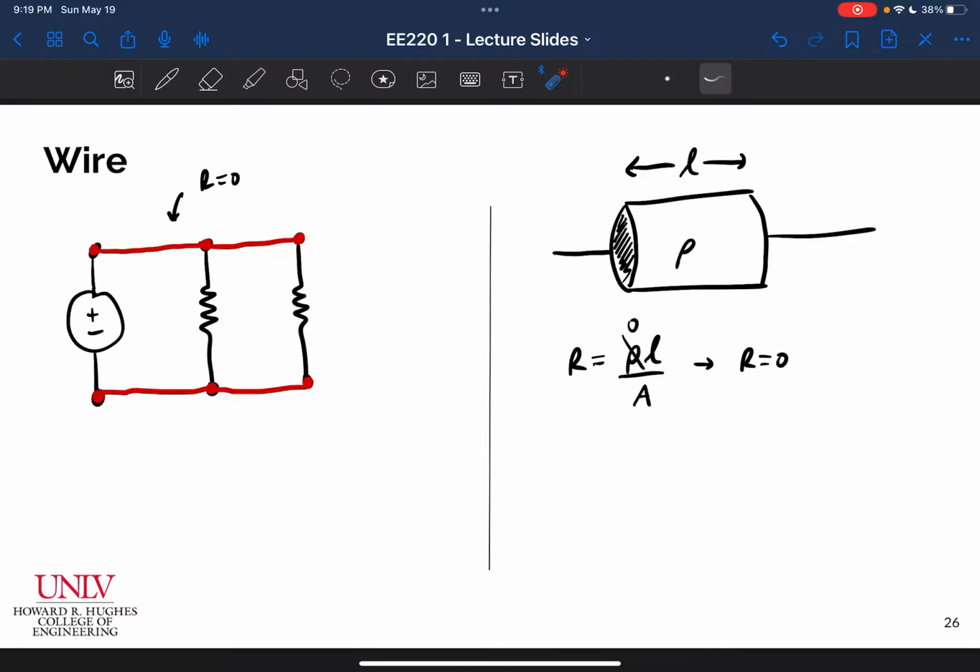Doesn't matter. We're going to assume that the resistivity is zero, and so all of the wires basically present a zero ohm resistance. And of course, that's a pretty good approximation. Most wires that we use to connect circuits together are made of copper. The conductivity is very high, the resistivity is very low, and so the 0 ohm assumption is a good one. That assumption is valid for this class, and that's the assumption that we're going to make when we solve these circuits. So from this point forward, all you have to know is that the wires connecting the elements together are ideal wires, and they do not have any resistance, okay?